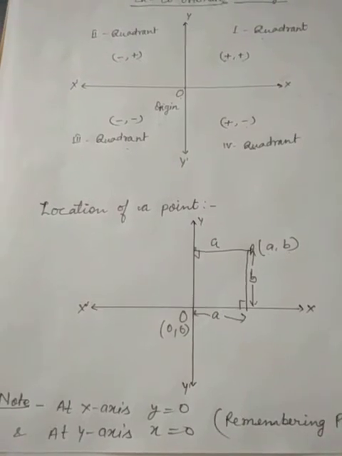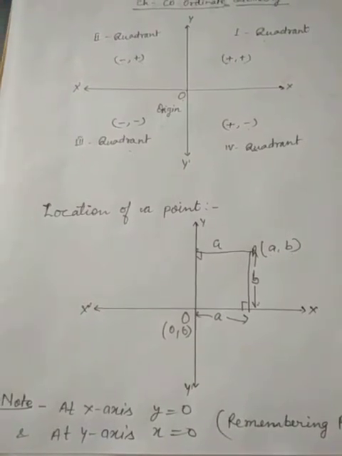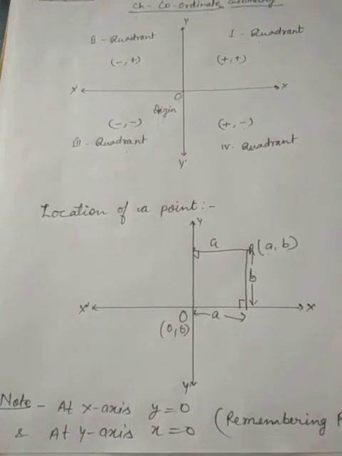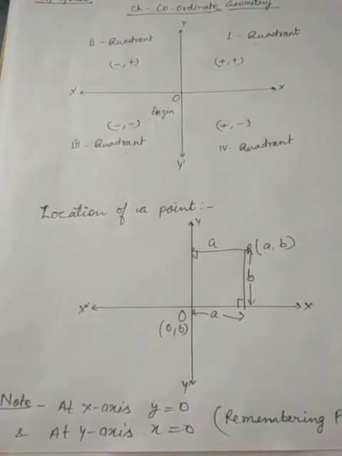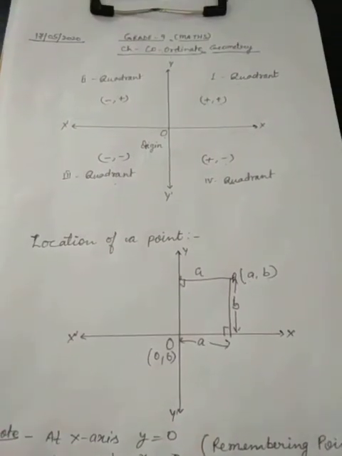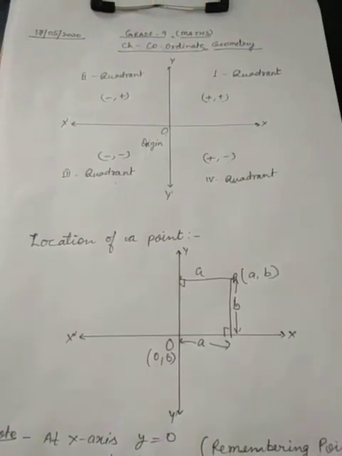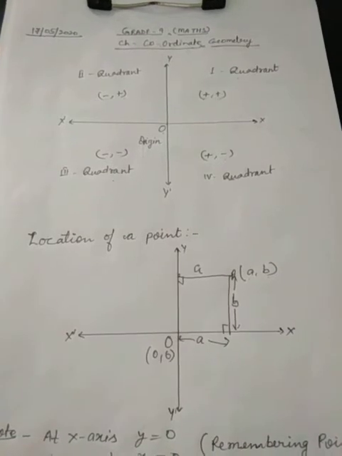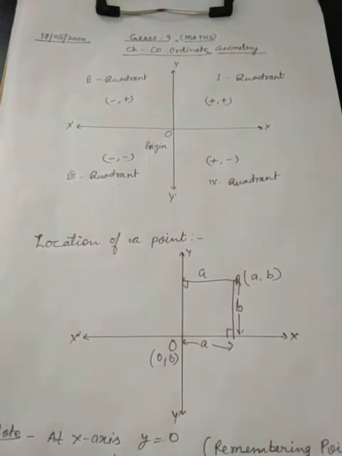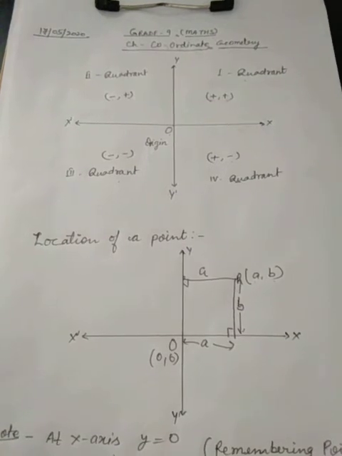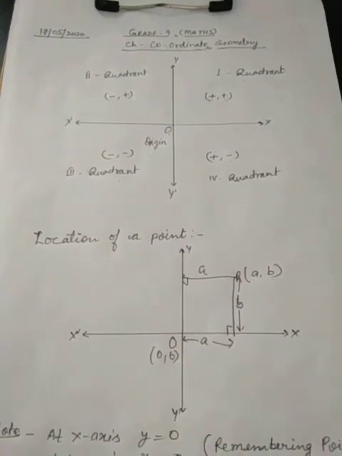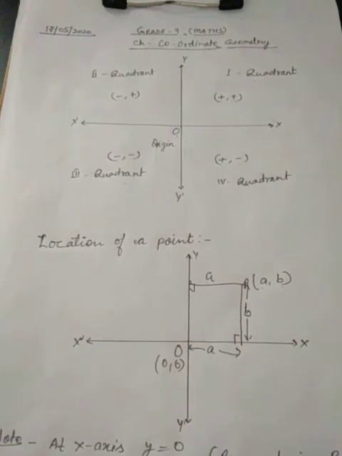The location of a point is always with respect to the origin. I can explain this with an example. Suppose you all are residing in Lucknow. So the distance of Kanpur from Lucknow is about 70 kilometers, or you may take it as 80 kilometers, correct? If Kanpur is 80 kilometers from Lucknow, it means Lucknow is the origin.